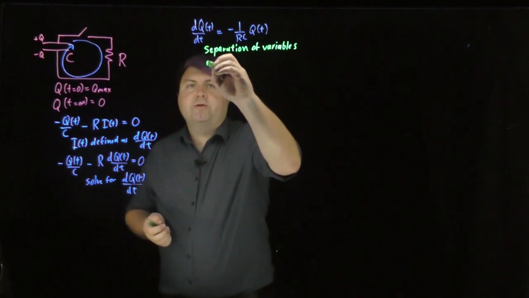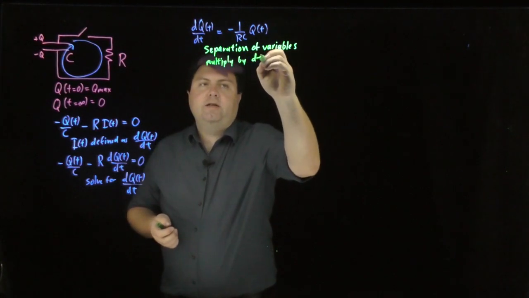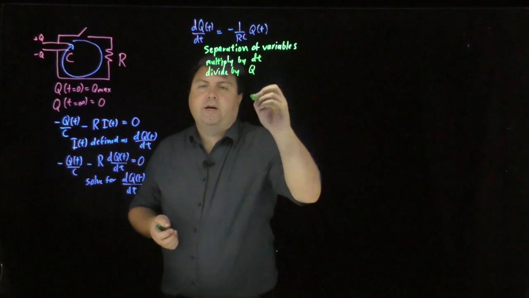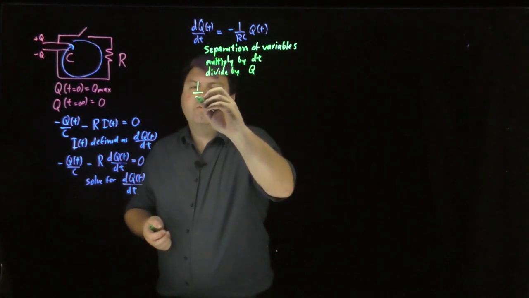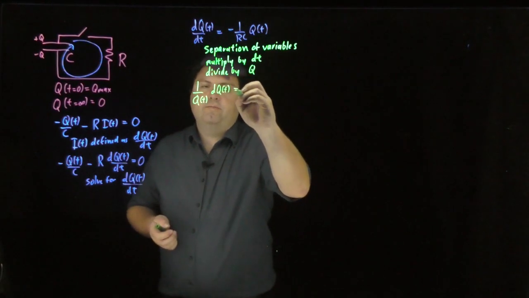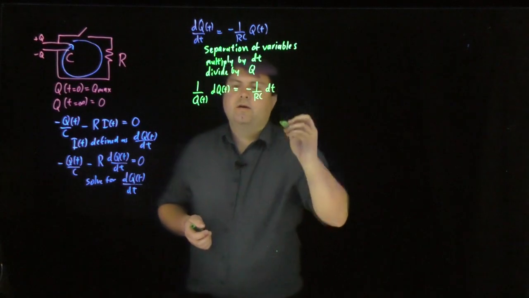So we are going to multiply by dt. We are going to divide by Q. And so this gets us 1 over Q times dQ equals negative 1 over RC dt.